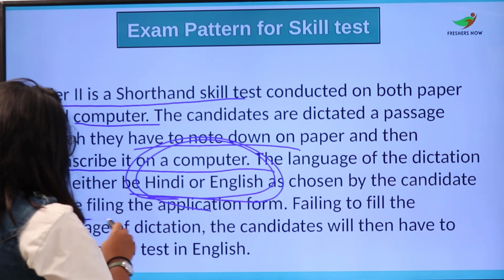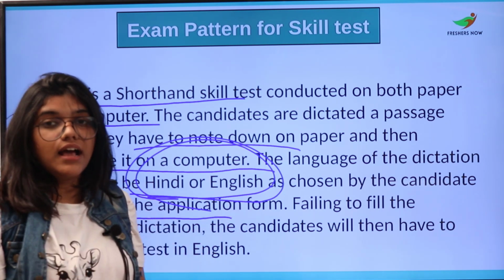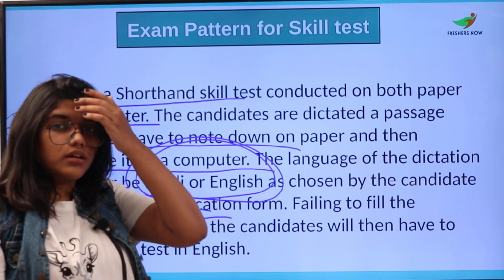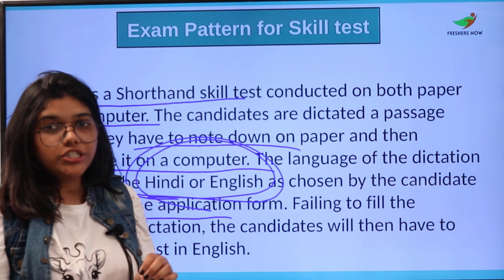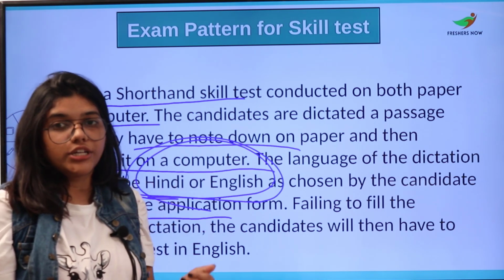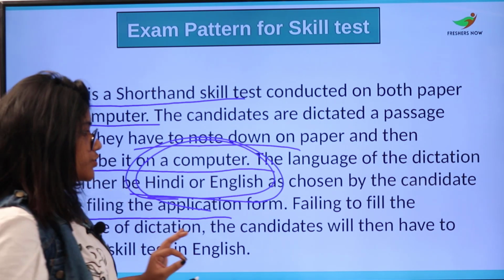So while filling the application form, please be careful about what language you are choosing, because if you choose a particular language, either Hindi or English, the dictation or the examination will take place in that particular language which you have chosen.